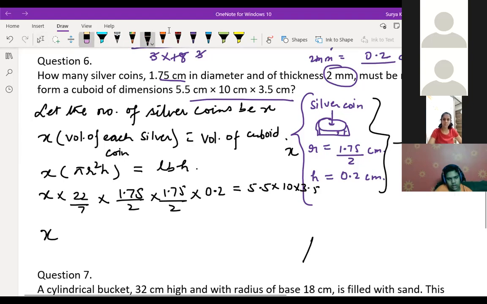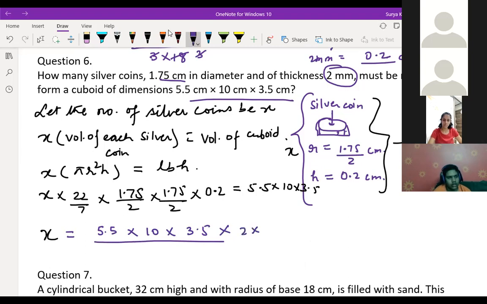Okay. So what we need to do here is, all this x is equal to, you can write it as 5.5 into 10 into 3.5 divided by, or multiply, the down part, you take it up, 2 into 7 whole divided by 22 into 1.75 into 1.75 into 0.2.